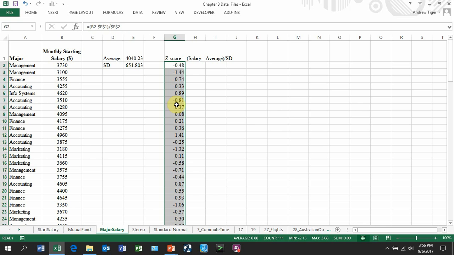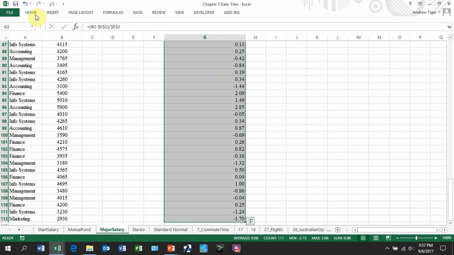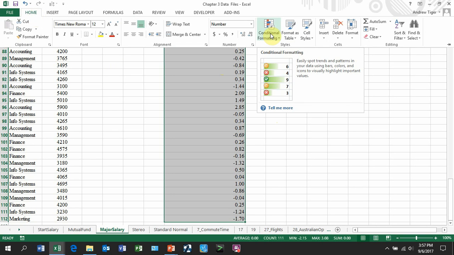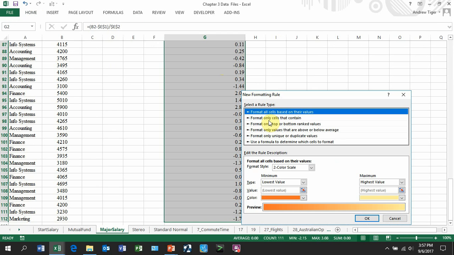Now, that's a hard thing to do, but let me show you a little trick in Excel: you can use color. I'm going to highlight all this data, and I'm going to go under Home, Conditional Formatting. So I'm actually going to format the cell based on its value. I'm going to use a new rule, the first one, a three color scale.